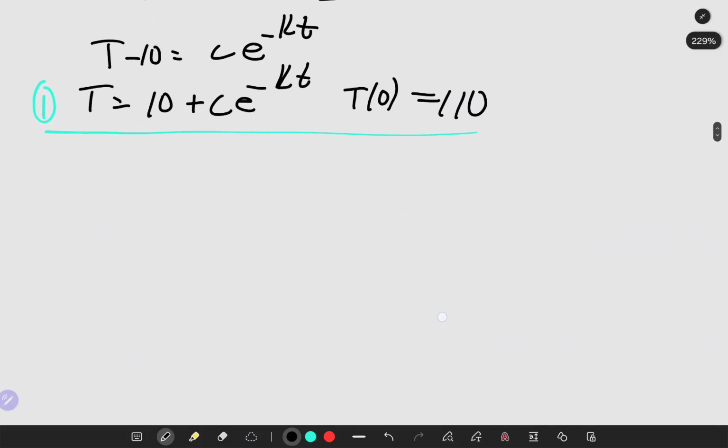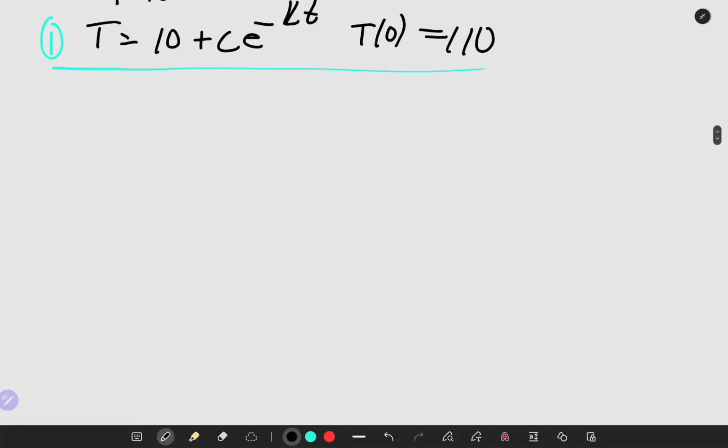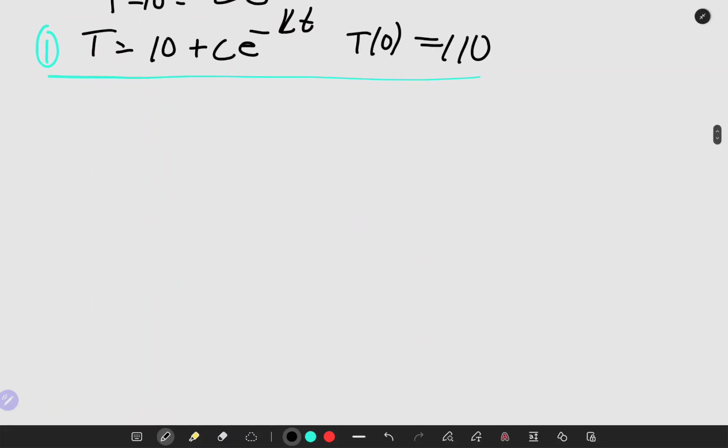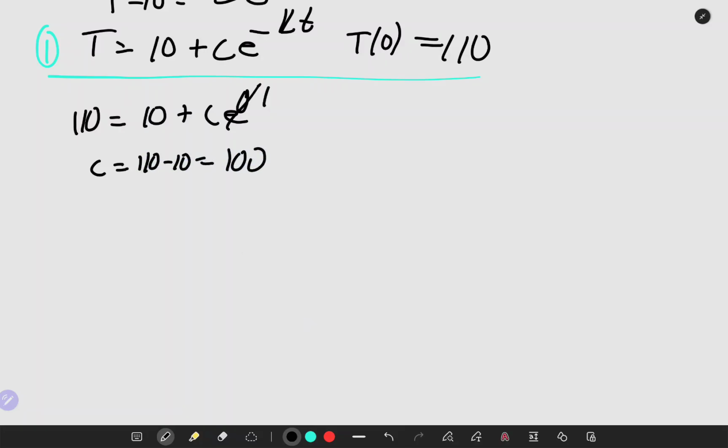So now we want to use it to solve for c first. In this case, our time is 0, and our temperature is 110. So 10 plus c e to the 0. This is just 1. c is equal to 110 minus 10, right? 100, so c is equal to 100.